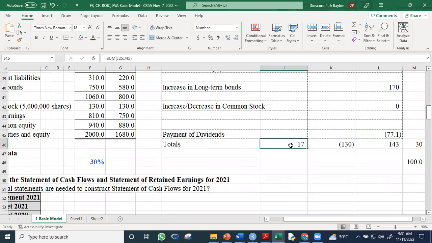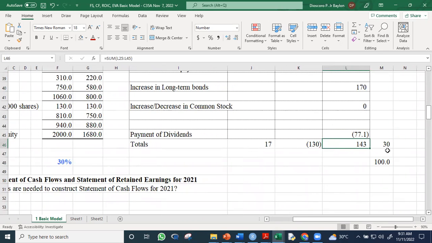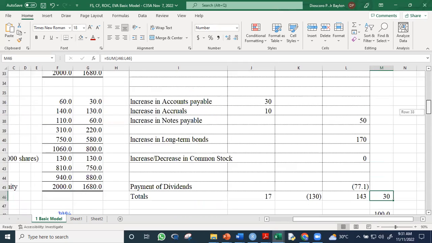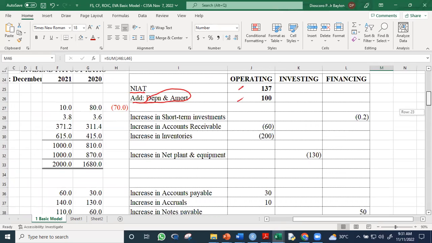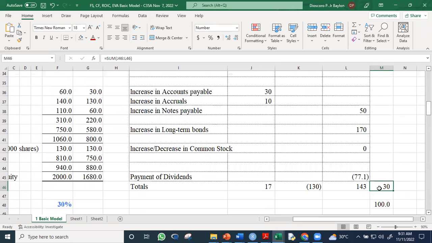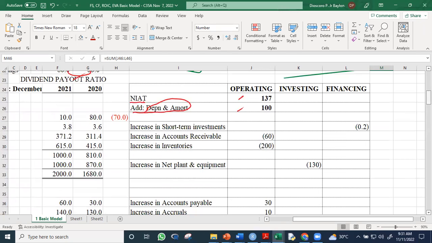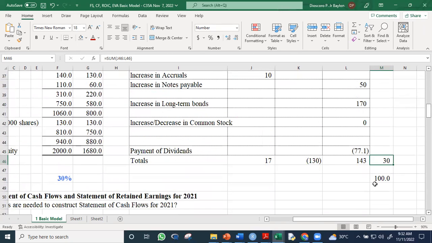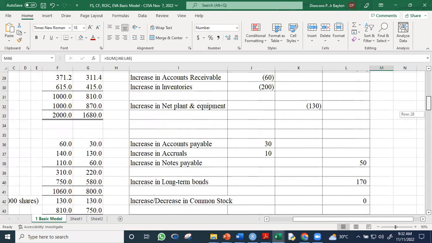And when we added the operating, investing and financing activities, and totaled them, we got 30. Which means that we are overstated by 100, because our value is 30, when in fact it should be negative 70. So we are overstated by 100. We should decrease this by 100 so that this becomes negative 70.